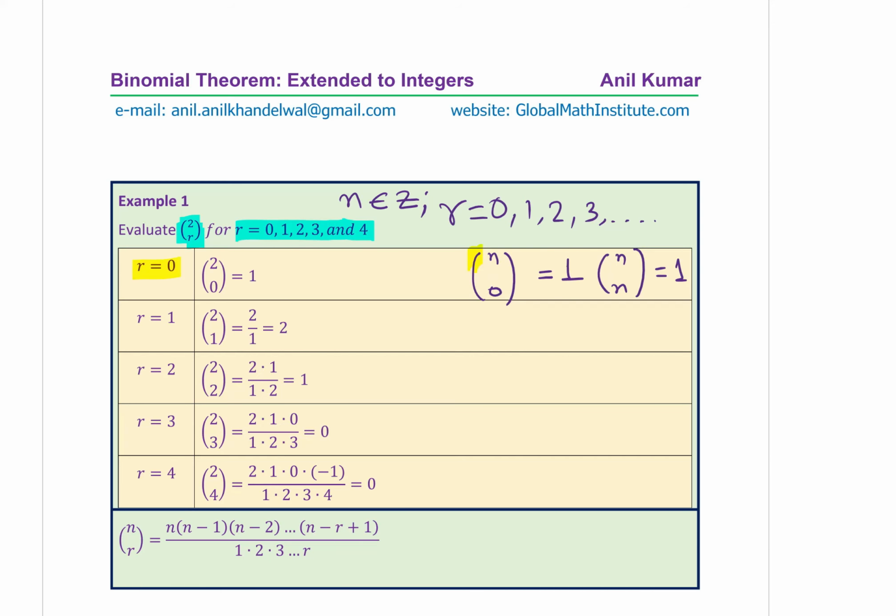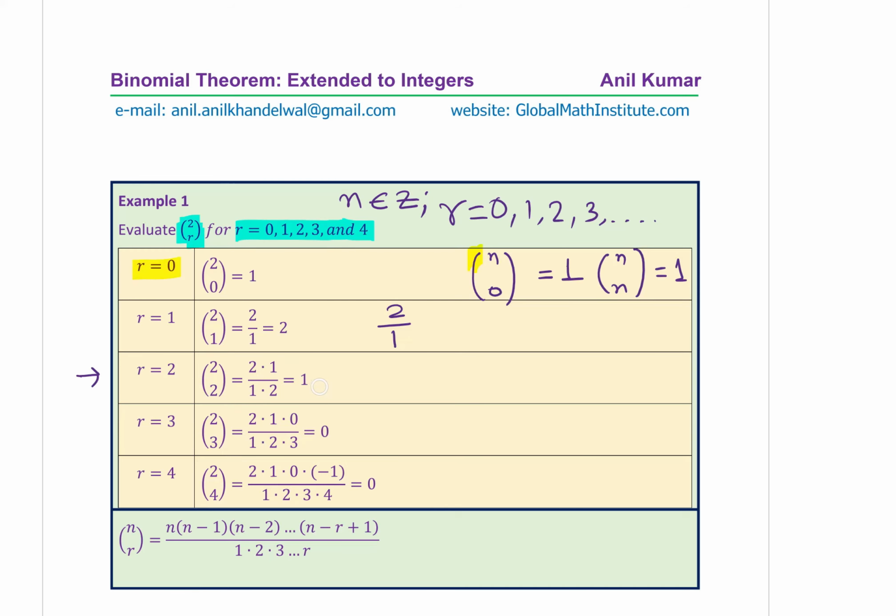Okay. Now, when we have r equals 1, then we are writing this as 2 choose 1. And 2 choose 1, well, basically means what? Well, you could write this as 2 over 1, which is equal to 2. Perfect, right? So we get the value of 2. Now, for r equals 2, we have 2 choose 2. So 2 choose 2 is 2 times 1 divided by 1 times 2.